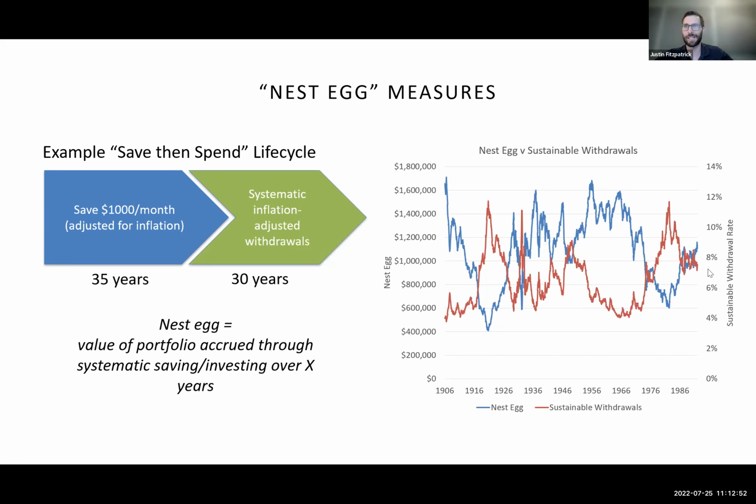This is a 30-year sustainable withdrawal rate. All of this is for 60/40 portfolios. But you can see this incredible butterfly pattern, this inverse pattern. So again, a very strong inverse relationship between previous sequence of returns and future sequence of returns. That's what this is showing.